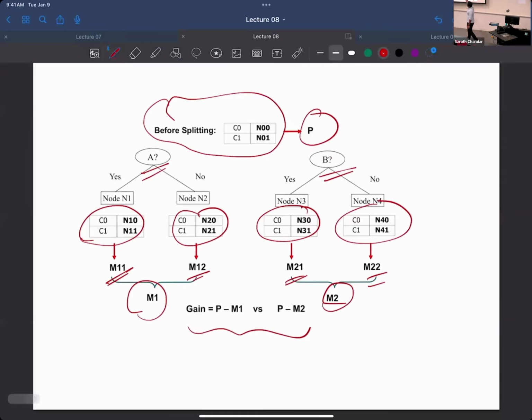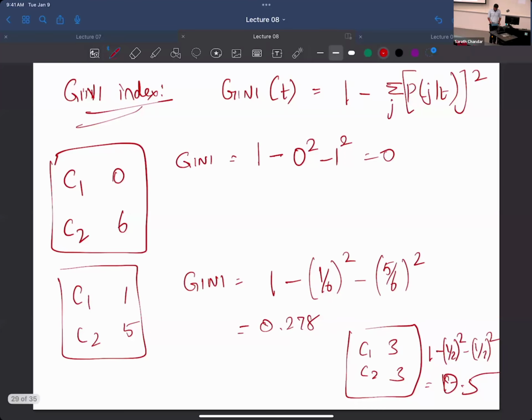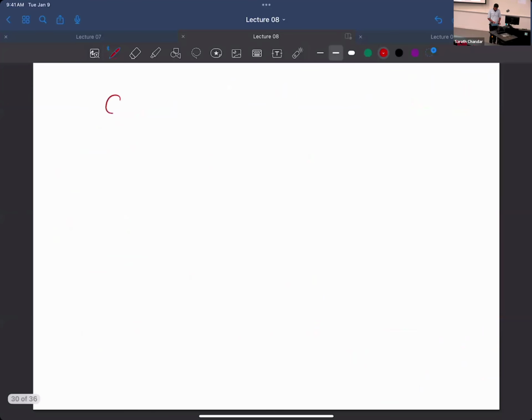For each table, we can compute Gini, right? So now the question is, how do I merge these two things into a single metric, M1? So the typical way in which we would do that is to basically do Gini split, which is summation i equal to 1 to k, n_i by n times Gini of i.